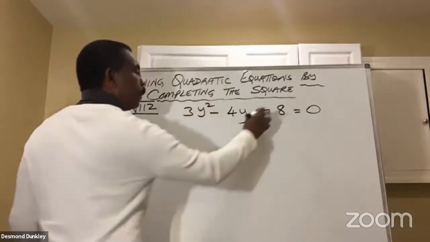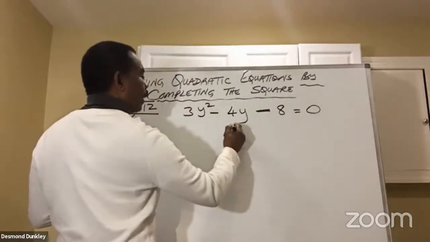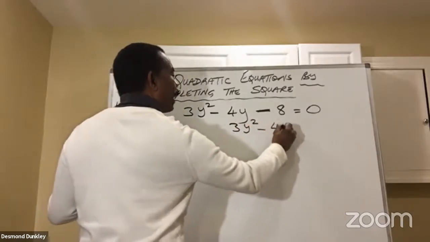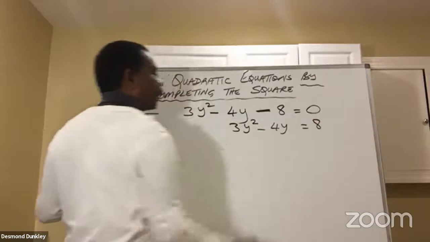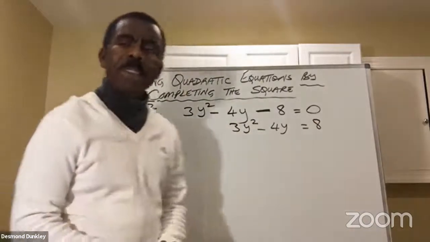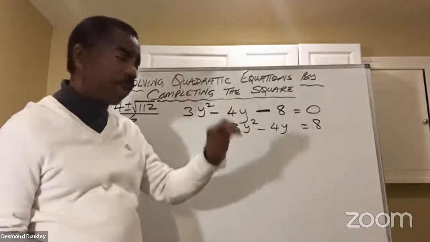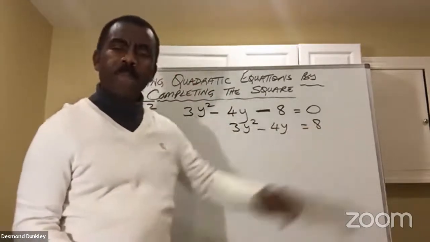Step 1, let's move this over to the other side. So we end up with 3y squared minus 4y equal to 8. Step 2, get rid of this 3 so that we just have y squared. Divide everything by 3.